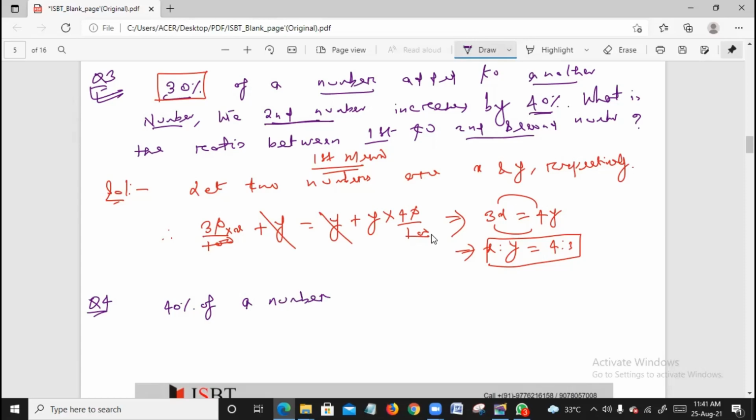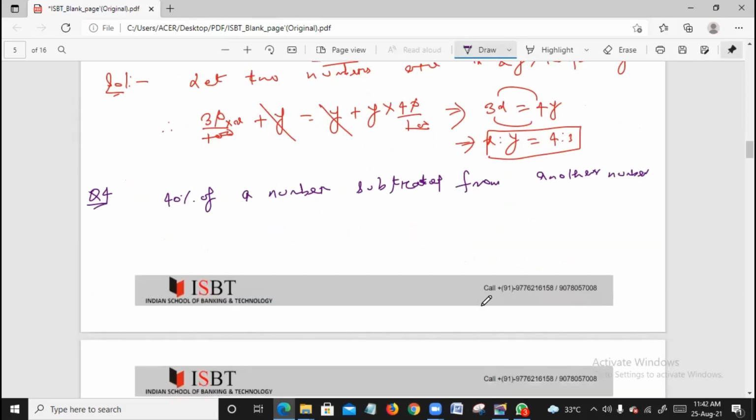This question is exactly opposite of the other questions, of the number 3 questions. 40% number subtracted from another number, comma, the second number decreases by 50%.